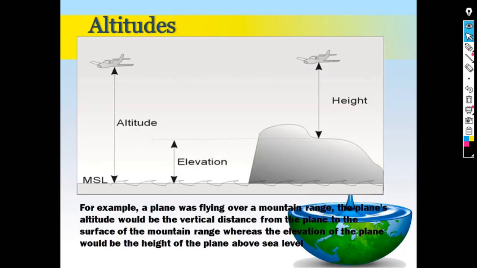So let's see, if we want to draw a two-dimensional map of this, all these surfaces are at the same elevation, but this surface is at a different elevation, right? Or it has a different height.